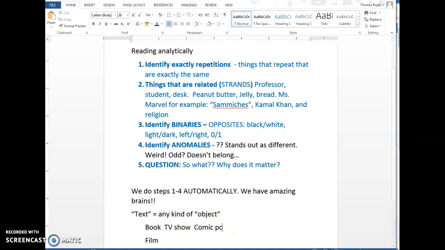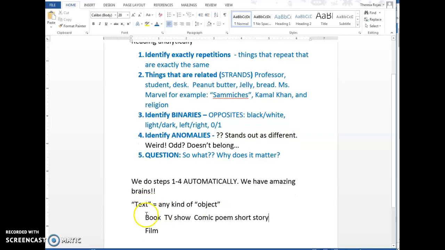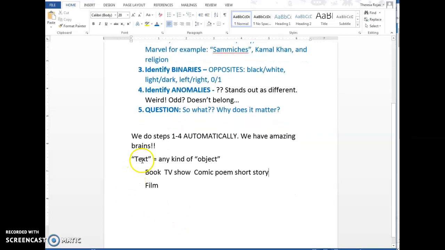It can be a poem, right? It can be a short story. It can come in any of these forms, but we like to use the word text. Another word that we like to use would be artifact. They mean the exact same thing. It just means the object of study.